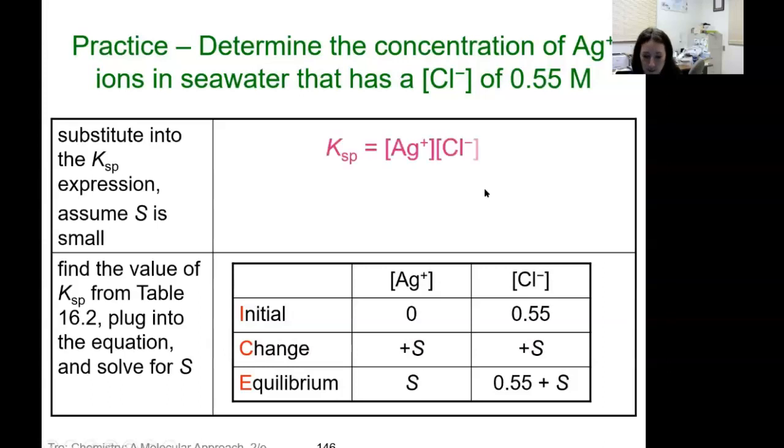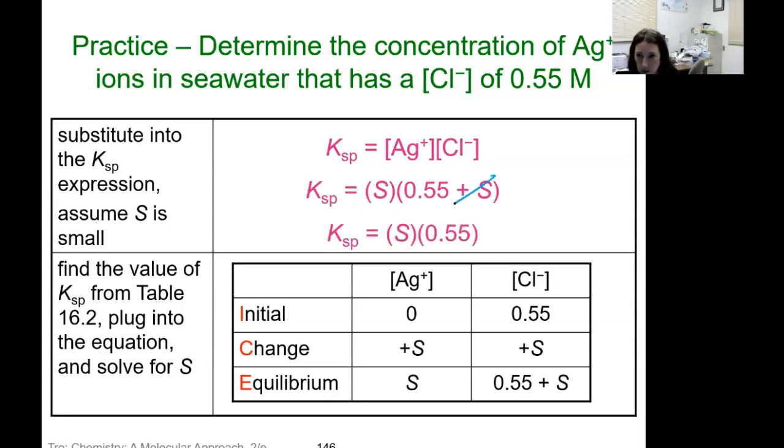So it's just S times 0.55, assume this is small. And this is 1.77 times 10 to the negative 10th. So you just divide it by 0.55, and that gives us our new solubility.